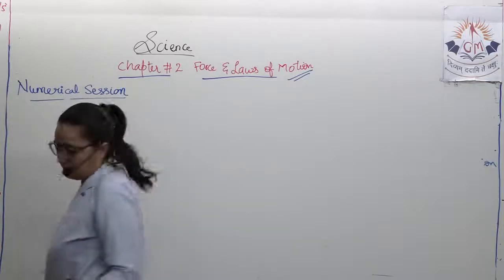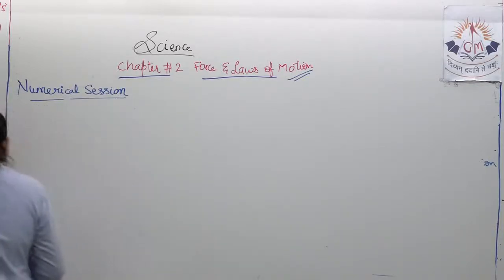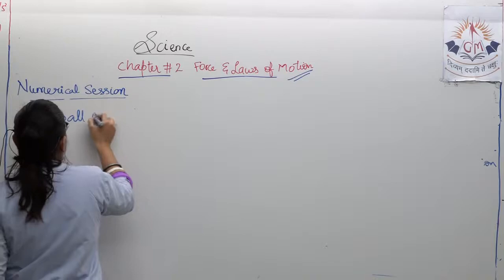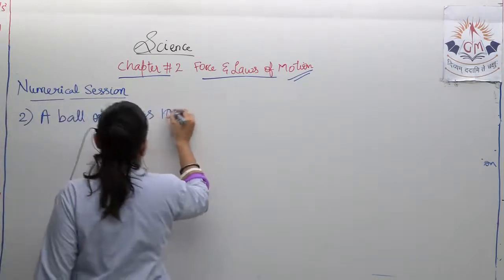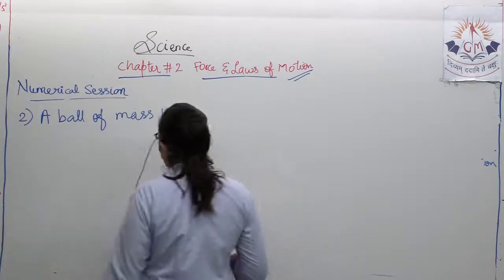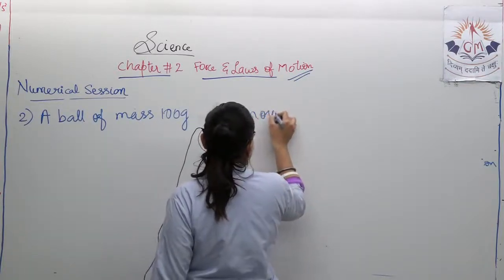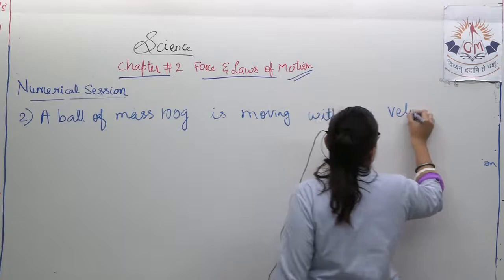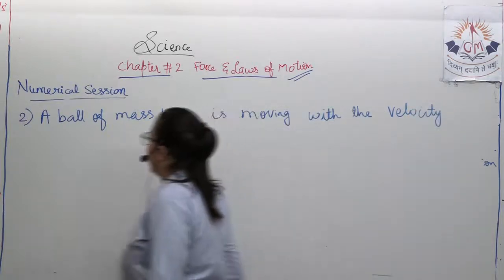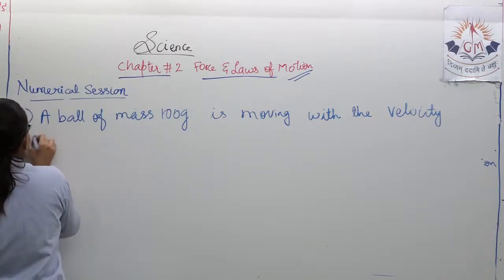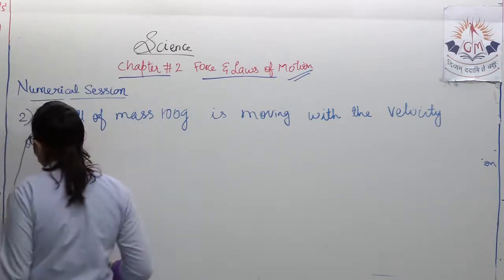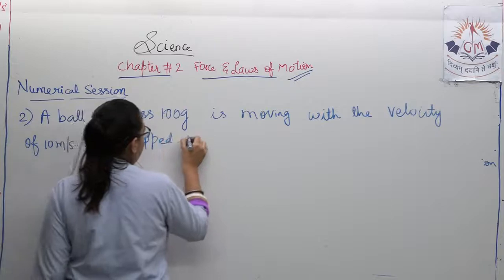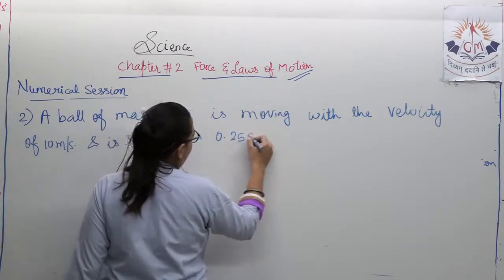Now the second question. A ball of mass 100 gram is moving with the velocity of 10 meter per second and is stopped in 0.25 seconds.